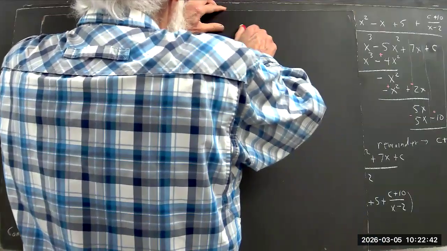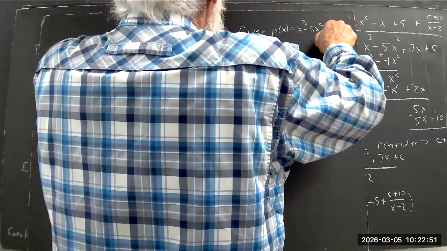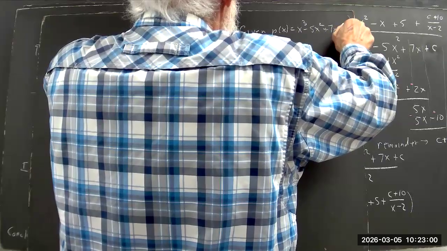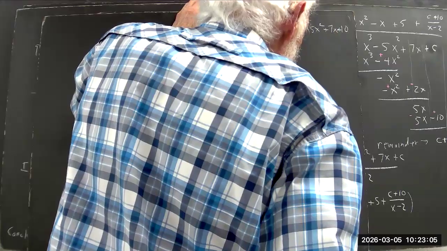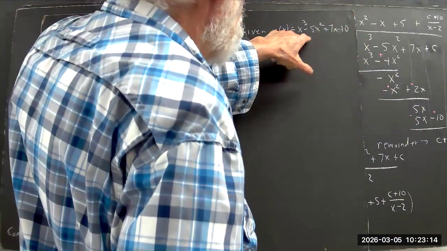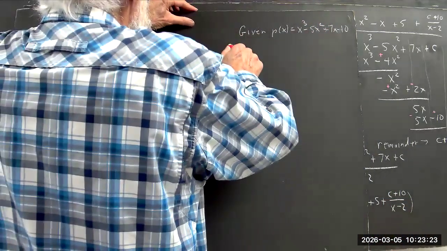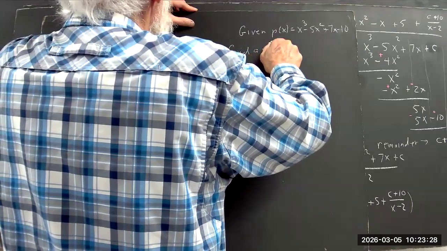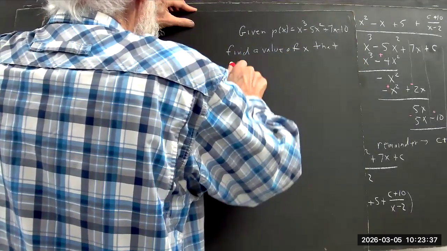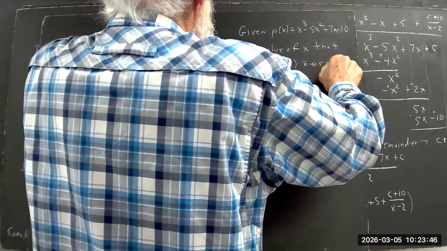So here's what we do when we have a polynomial. If we're given the polynomial p of x equals x cubed minus 5x squared plus 7x minus 10, and we don't know to divide by x minus 2, we look for a value of x that makes p of x 0.